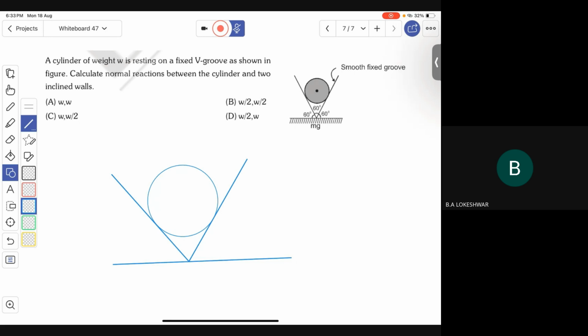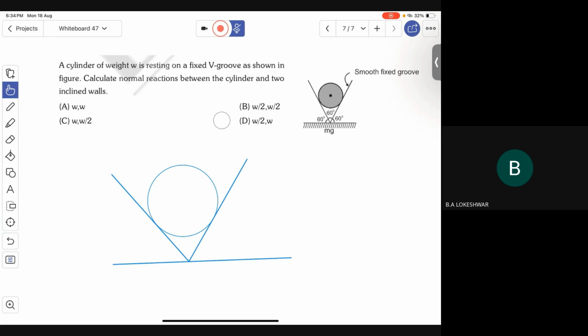There's a property of a circle as well as a sphere that if you drop a normal, it will pass through the center. So the cylinder is resting in a V-shaped groove, like between two inclined planes, and they're asking how much is the normal contact force acting at those two points wherever it is in contact with these two surfaces.